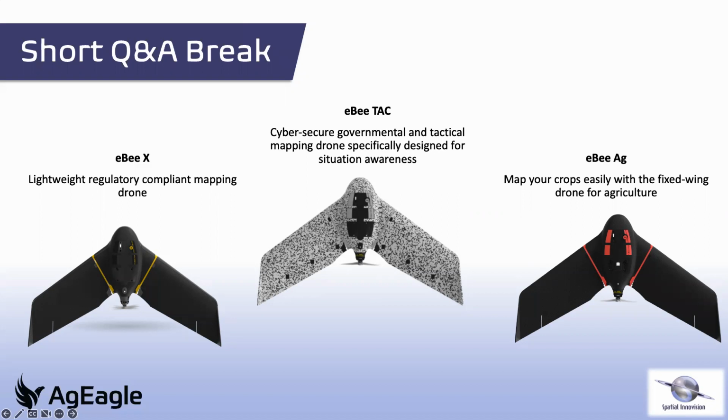So the eBee X is mostly multi-purpose. As I interpret that, the eBee X as a multi-purpose drone can really help in all situations if you don't want to go specifically with the eBee Ag or the eBee TAC. That's correct.